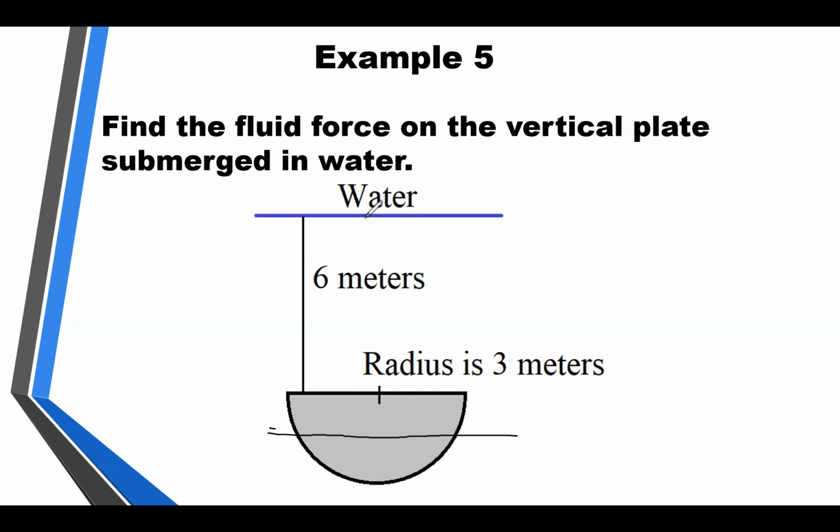then the total depth is going to be about 6 plus 1.27, which is about 7.27. And then you'd multiply that times the 62.4, and then multiply that times the area of this semicircle, which is going to be 1/2 times pi times radius squared.